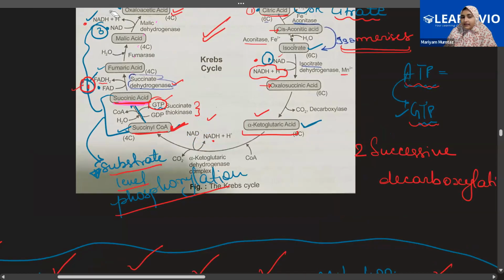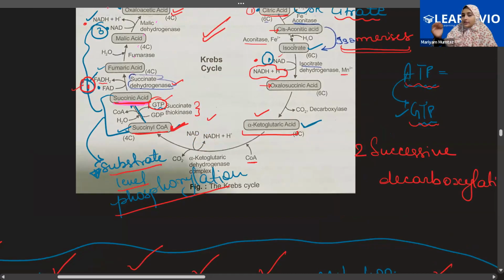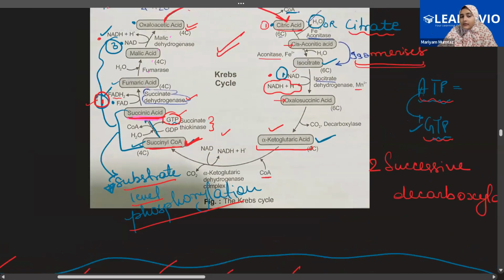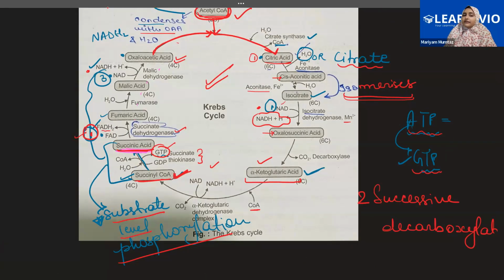Now, during this step, the NADH2 molecule is synthesized and the CO2 molecule is released. And coenzyme A is also added. The succinyl coenzyme A gets converted into succinic acid. And from the succinic acid, we get the fumaric acid, during which FADH2 is synthesized.